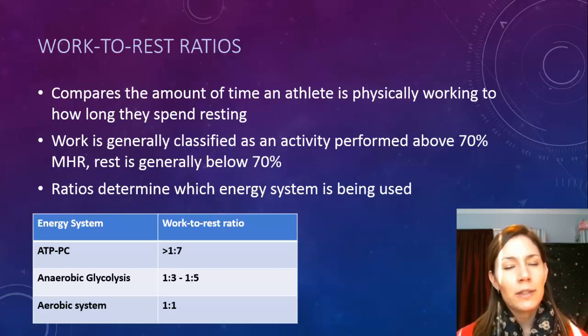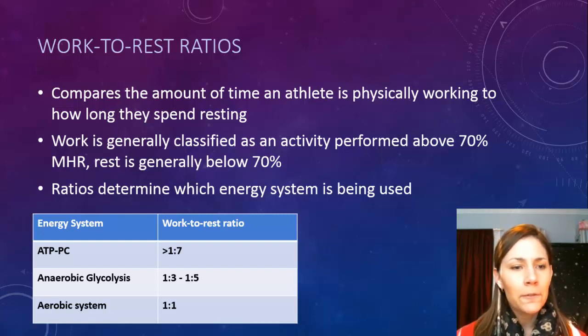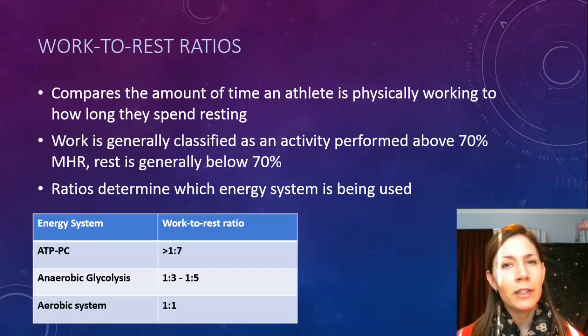And the ratios that are worked out generally determine which energy system is being used. So, for example, if a person is working say 1 minute and resting for 7, so it's a work to rest ratio of 1 to 7, then they're getting plenty of time to recover their ATP-PC system.